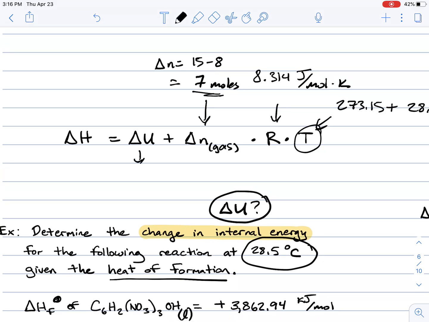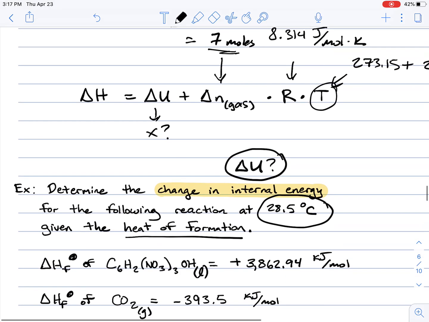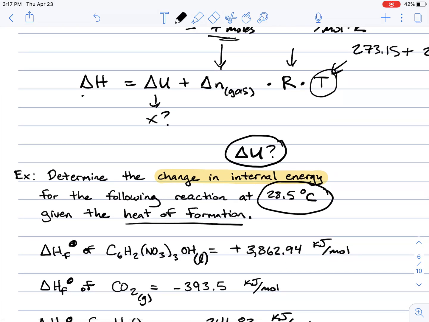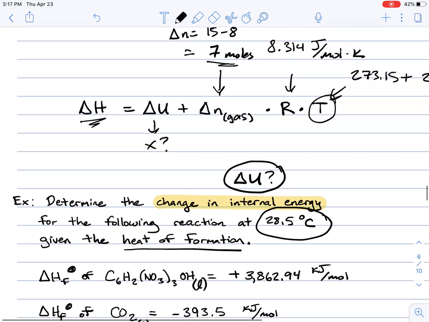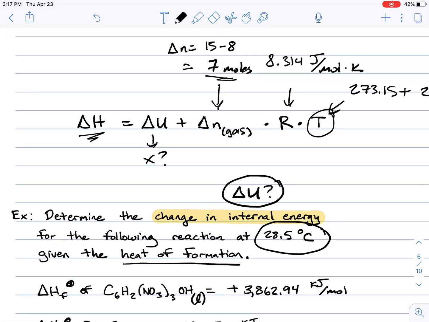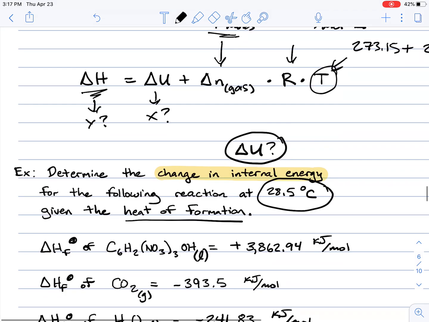And so this is the guy that we want to find. But in the problem, it didn't give us the enthalpy of this reaction. It only gave us the heat of formation. So before we can even solve for delta U, we need to solve for the change in enthalpy to represent the enthalpy of the entire chemical reaction.